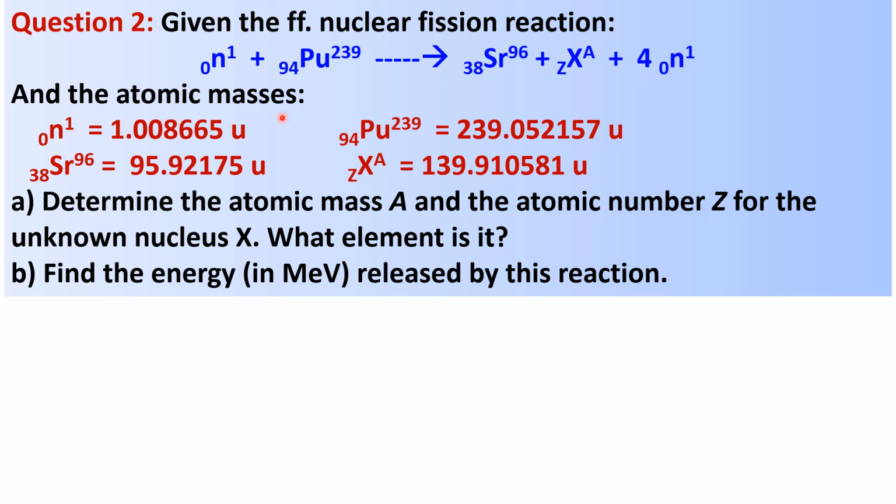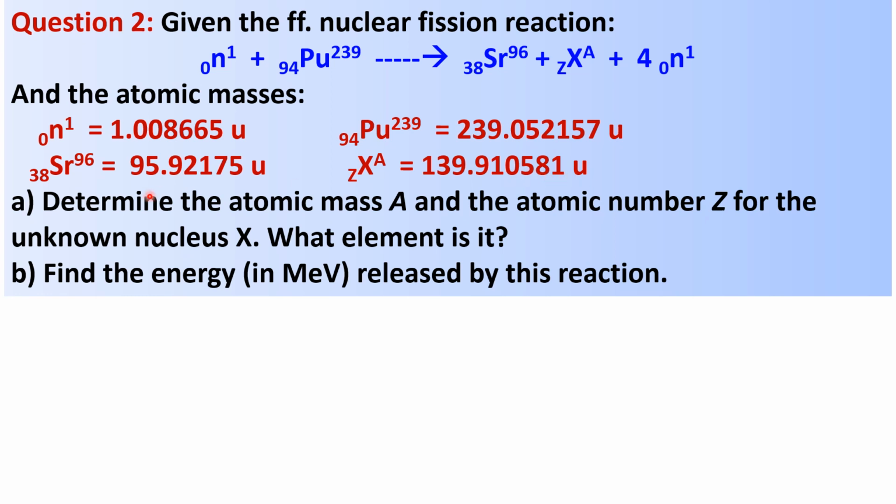Given the following atomic masses: for neutron, 1.008665 atomic mass unit; for strontium 96, 95.92175 atomic mass unit; for plutonium, the atomic mass is 239.052157 atomic mass unit; and for this unknown nuclide, the atomic mass is 139.910581 atomic mass unit.